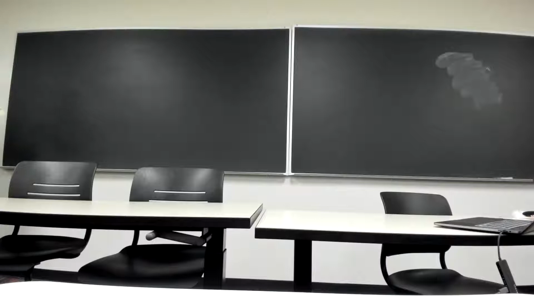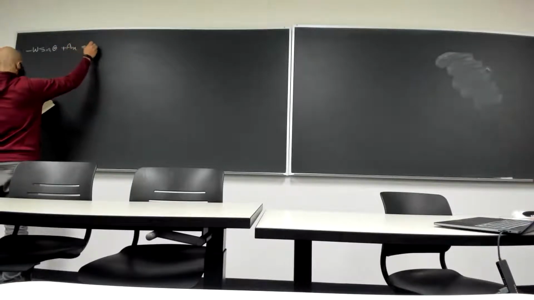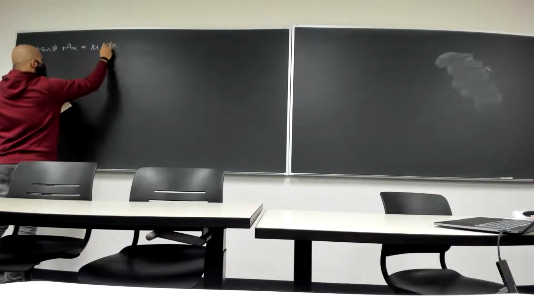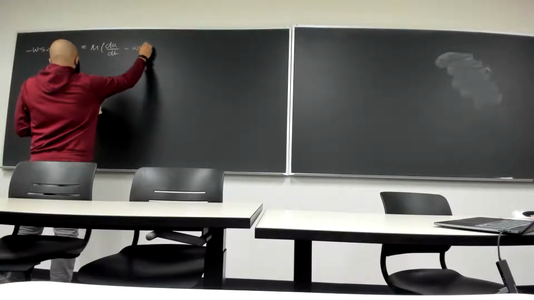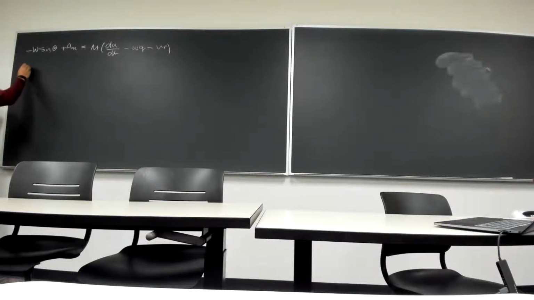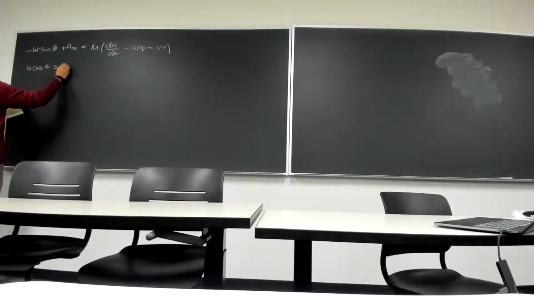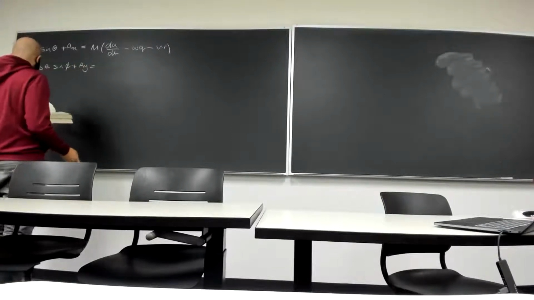I'm going to start with the forces first. W sine of theta plus AX is equal to m times du/dt minus WQ minus VR. Okay. And then we have W cosine of theta, sine of phi, plus AY. These are the aerodynamic forces.